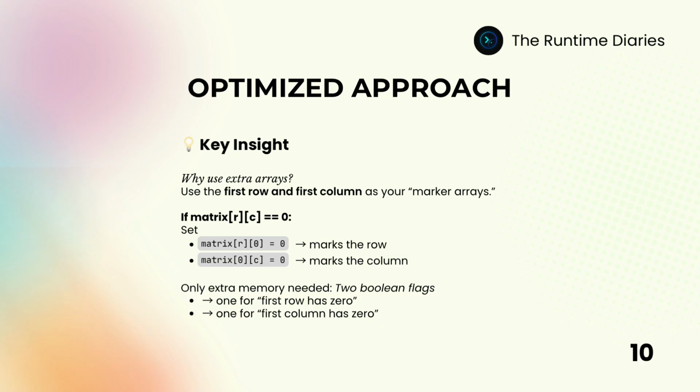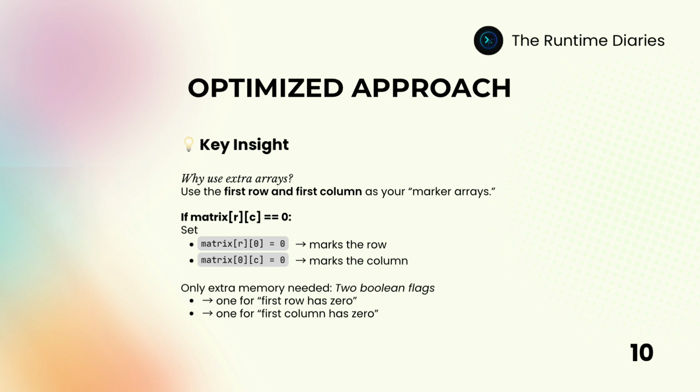Here is the breakthrough. Instead of using separate arrays, use the first row and the first column of the matrix itself as your marker arrays. Whenever you see a 0 at position R, C, mark it by writing a 0 into matrix position R, 0, the first cell of that row, and matrix position 0, C, the first cell of that column.